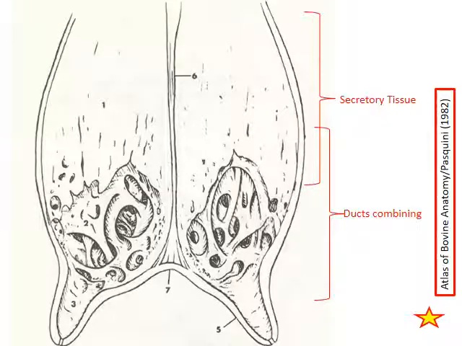If we look at the structure from top to bottom, most of the top part of the udder is the secretory tissue, and then we have the duct system taking up more and more of the volume as we get down to the gland cistern, and then the teat cistern moving through.